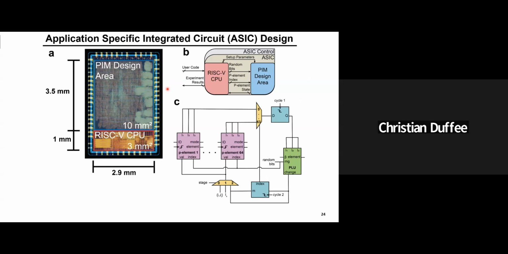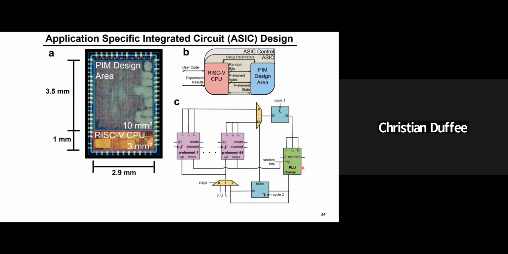And we can run it much faster, not having to go through the IO of the RISC-V CPU. But it is still a very similar architecture, and we could implement MTJs if we wish to, which we are trying to do for future work.